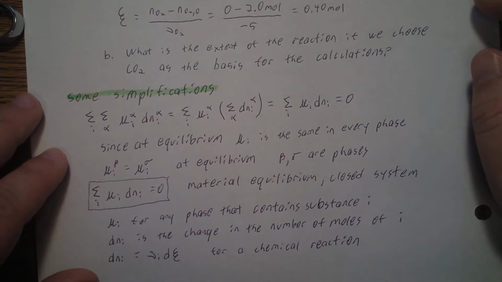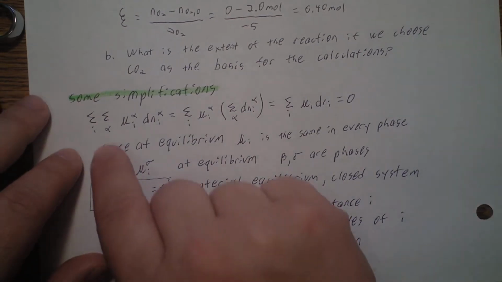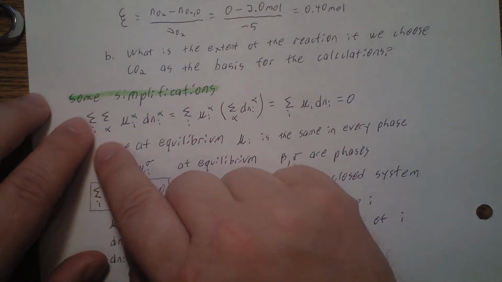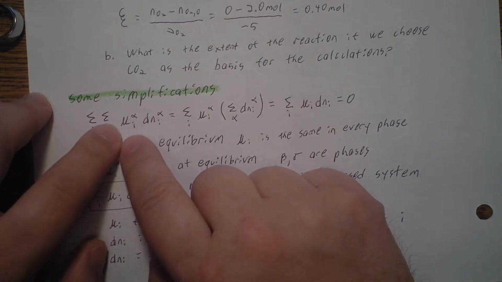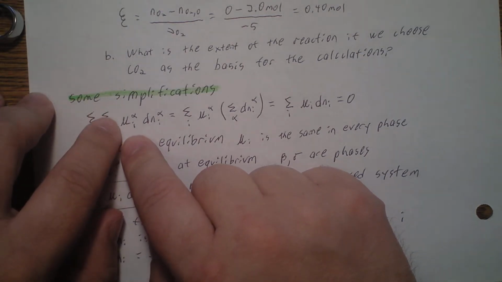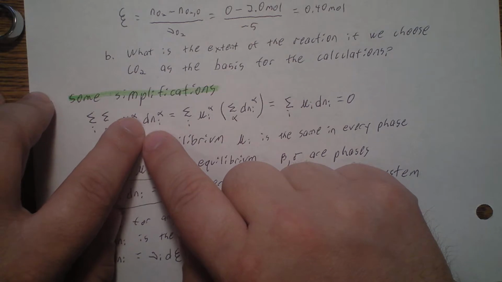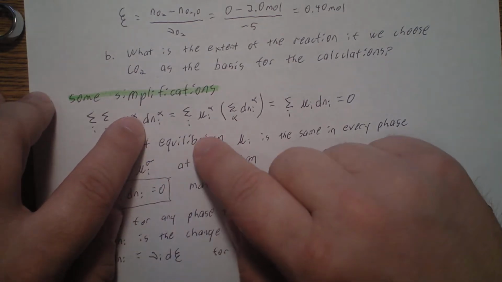Okay, now let's talk about some simplifications. Let's say we have the sum over all the substances I and the sum over all the phases alpha of the chemical potential of substance I in phase alpha times the differential of the number of moles of substance I in phase alpha.